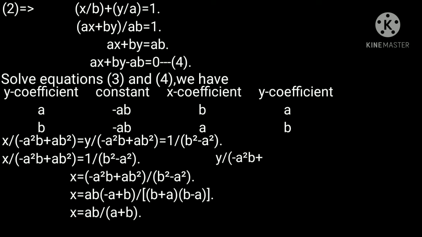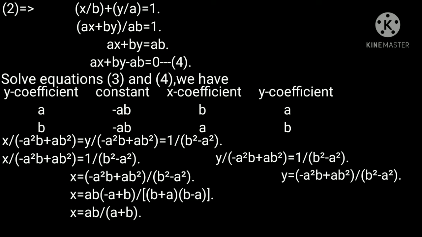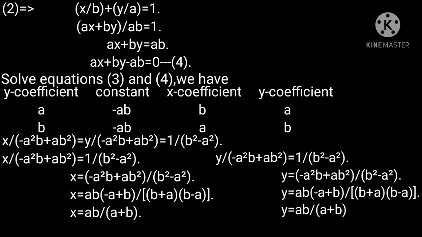Next, y/(-a²b + ab²) = 1/(b² - a²). Then y = (-a²b + ab²)/(b² - a²). Here also we take ab as common in the numerator and apply the formula x² - y² = (x + y)(x - y) in the denominator.